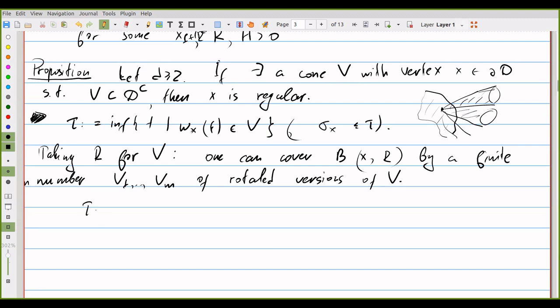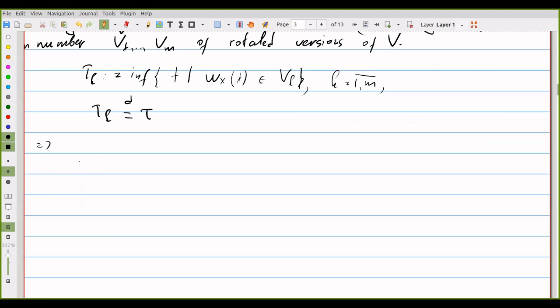Now, if we introduce τ_k analogous to this, the first time W_x(t) hits W_k, k from 1 to m, then obviously τ_k, because we have Brownian motion, is just distributed as τ.